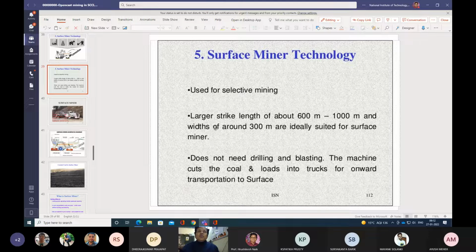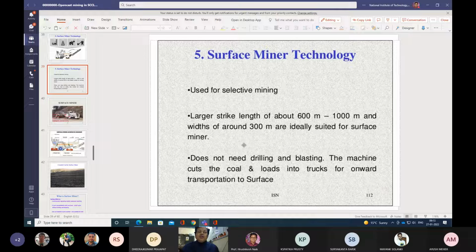The deposit should have a larger strike length of about 600 meter to 1000 meter, and the width of the mine cut should be around 300 meter to be ideally suitable for surface miner.